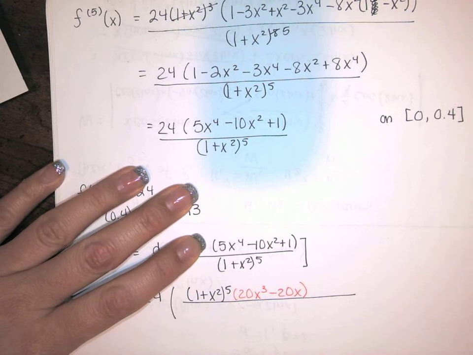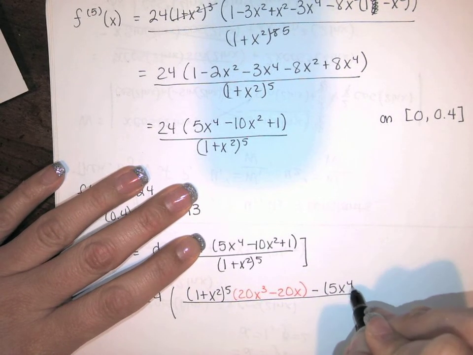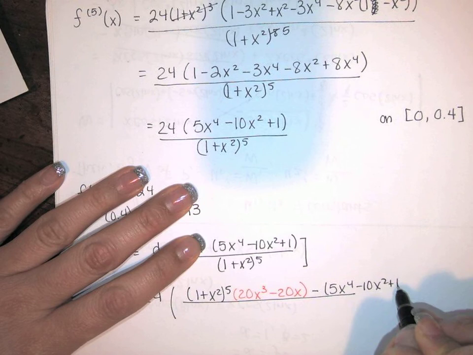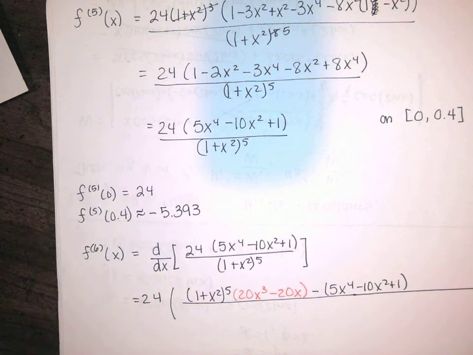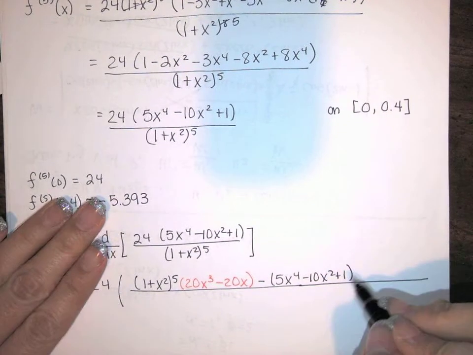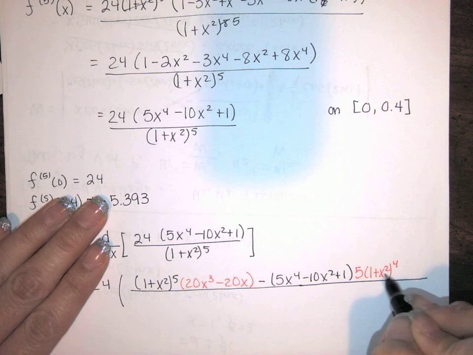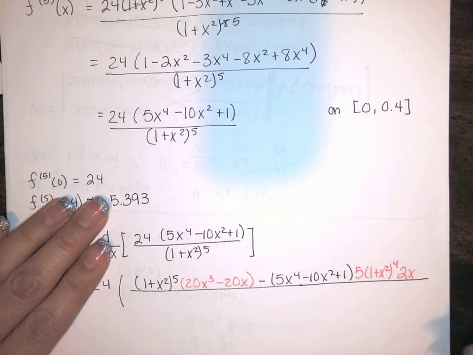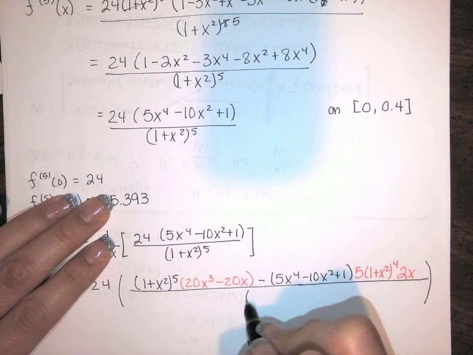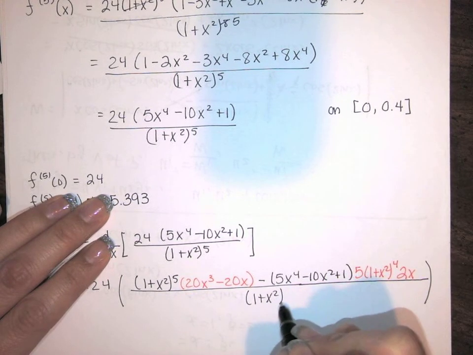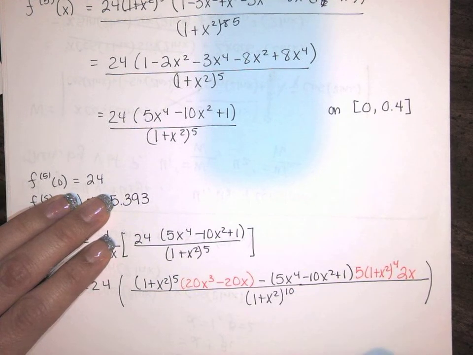Derivative of 1 is 0, so that's low d high minus high d low. The derivative of the bottom function is 5 times the quantity 1 plus x squared to the 4th times the derivative of the inside, which is 2x, all over the bottom function squared. So I've got 1 plus x squared to the 5th, and I square it, so that means I'm multiplying that exponent by 2, so I get 10.